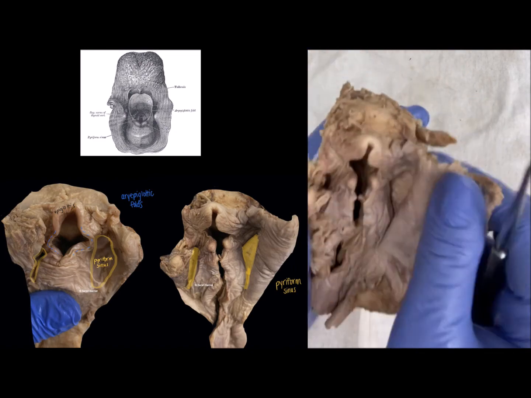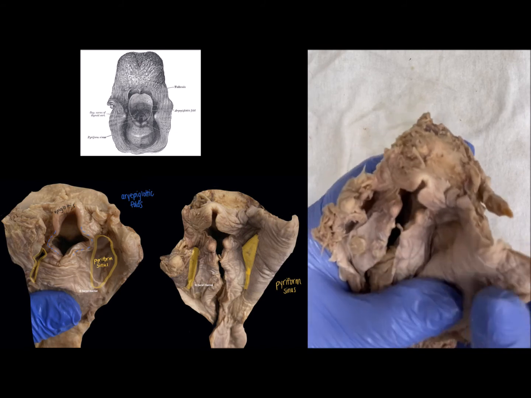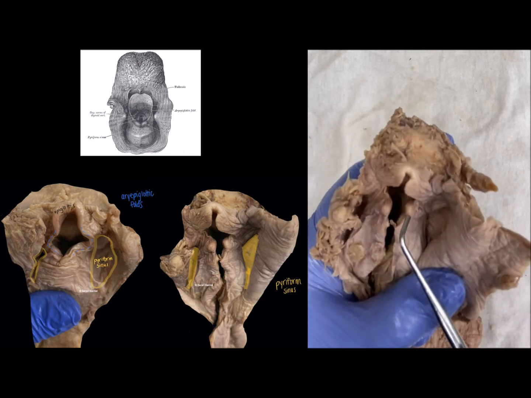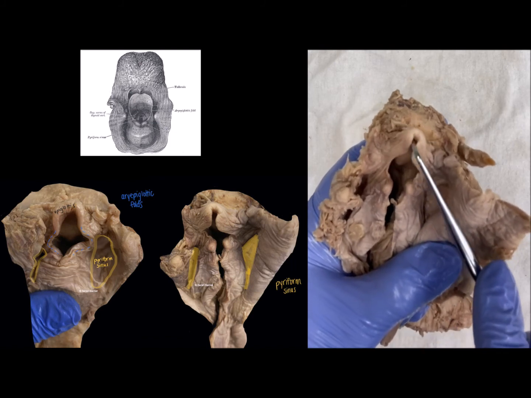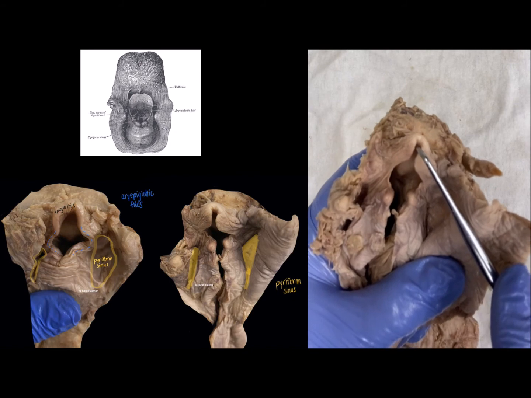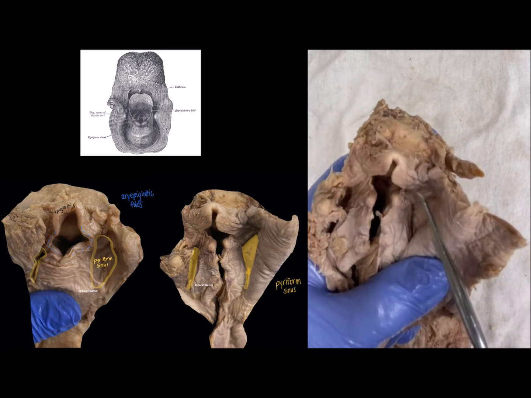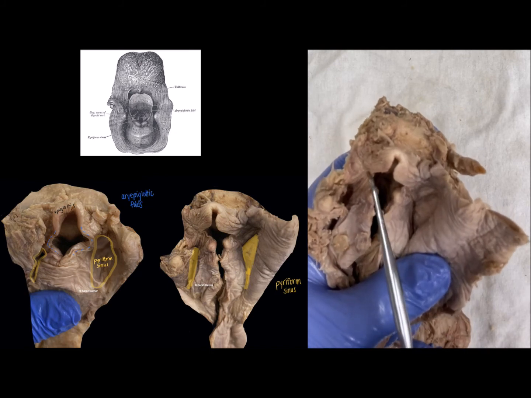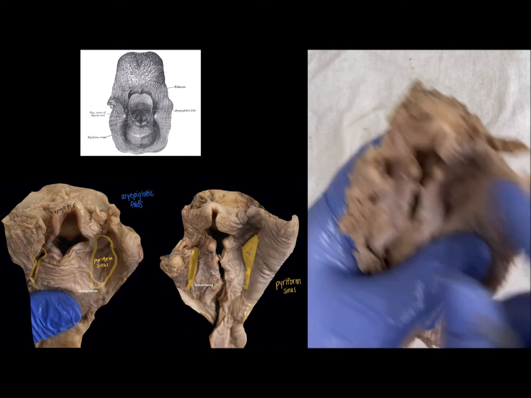Now, if we open it up, this is a perfect example of those arytenoid cartilages. So here, this would be arytenoid cartilage, and then this would be the epiglottis. So remember, connecting the arytenoid cartilages and the epiglottis is going to be that aryepiglottic fold. So that's going to be here and here. So you have aryepiglottic fold, and now this over here is the edge of that thyroid cartilage.